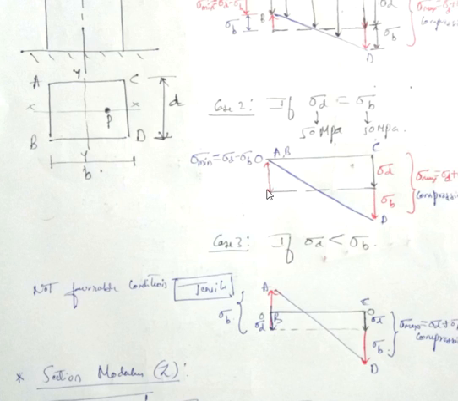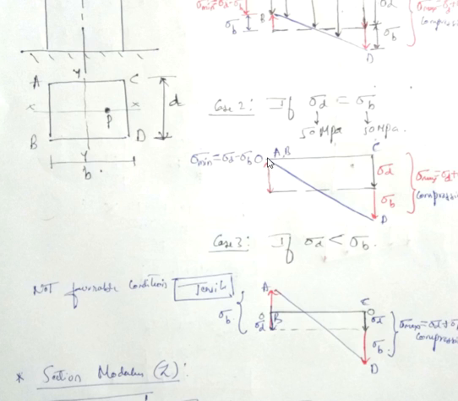Now come to this section. When direct stress is acting, from this point I am going to move downward up to 50 megapascal here. But because of bending, that is 50 megapascal, tensile force will be acting. I am coming down 50 megapascal because of compressive stress, and I am going again back to 0 point because the bending stress is tensile in nature and having same magnitude.